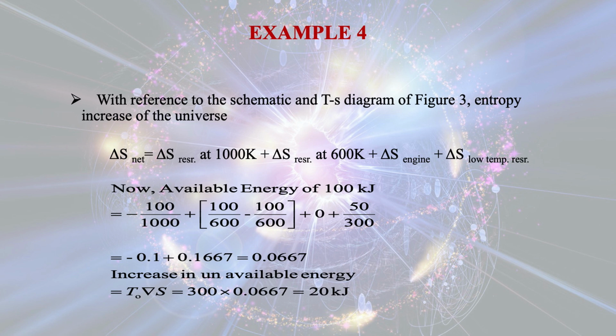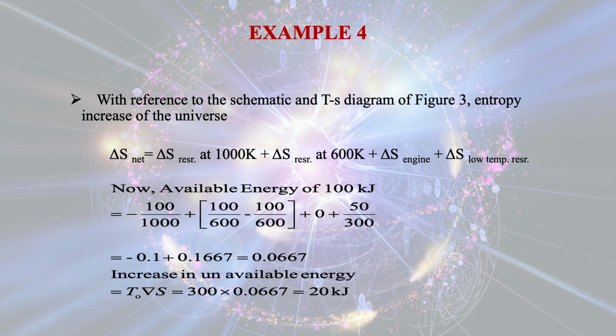First, let us calculate the net change in entropy. That comes out to be minus 100 by 1000 plus within bracket 100 by 600 minus 100 by 600 plus the change in entropy for the engine plus the change in entropy for the low temperature reservoir.